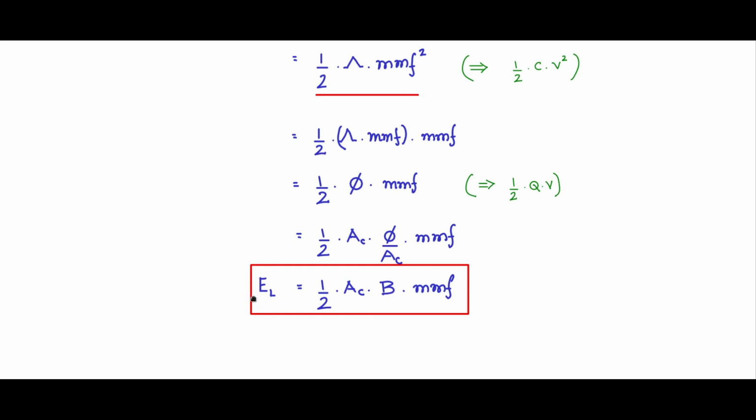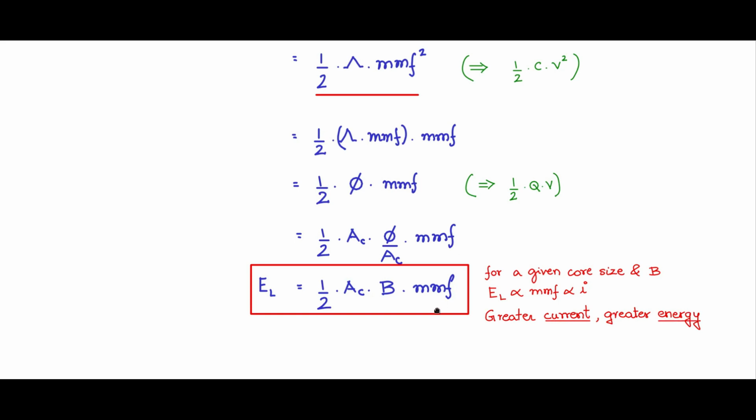So then energy is directly proportional to MMF or current, because MMF is N into I, and N is again a fixed quantity. Energy is directly proportional to the current. So greater the current, greater will be the energy that can be stored in the inductor.